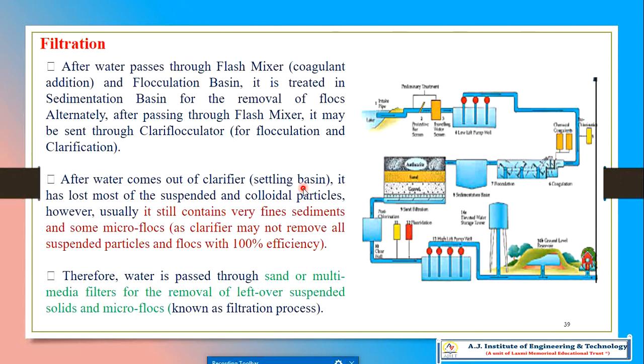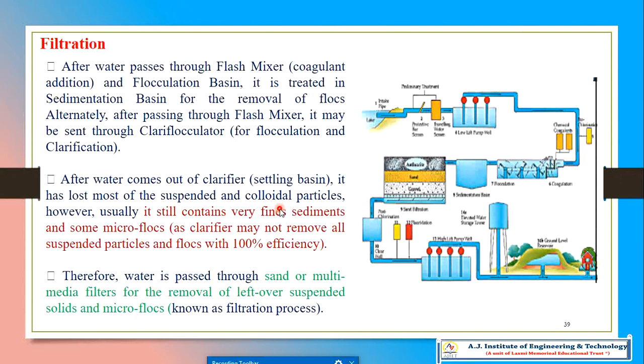The water that comes out from the clarifier has lost most of the suspended and colloidal particles. Why? Because in the sedimentation tank we removed almost all particles which tend to settle.